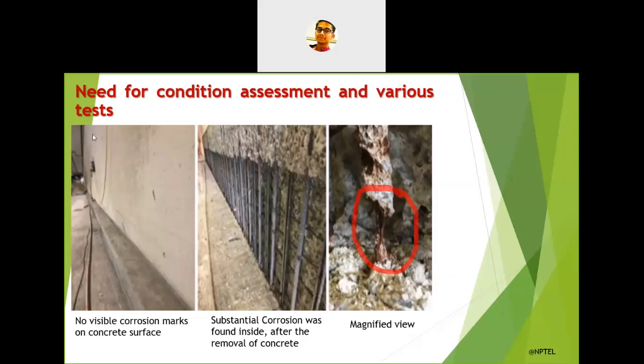You can see here in the left side picture, nothing was there, no cracks, and not even stains. So if you don't do the non-destructive test, and if you assume that the concrete surface is good and performing well, it will be a wrong judgment.